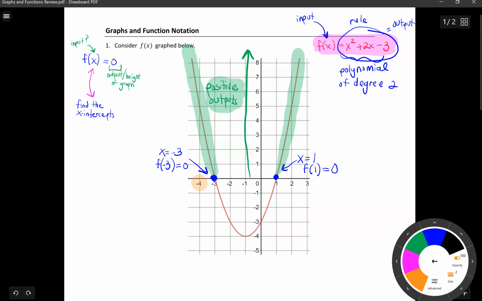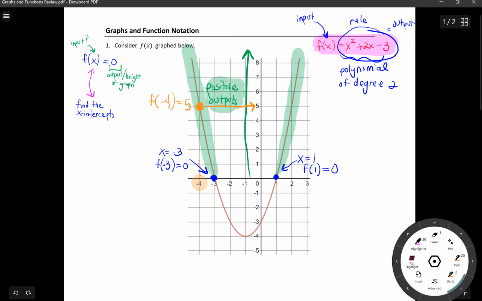If I input x equals -4, I come up until I hit the graph of the parabola, right there, and I go over and see that the height is +5. So the way I would write that notation is f of -4 equals 5. If I input -4 into the function and follow the rule, it's going to output a height of 5. That's a positive output.